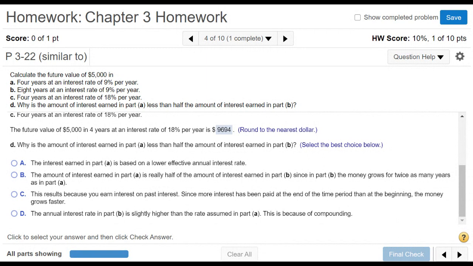Year two, you're going to get interest on 5,450, not $5,000, because it's being compounded. As the interest grows, you're going to be earning interest on interest.